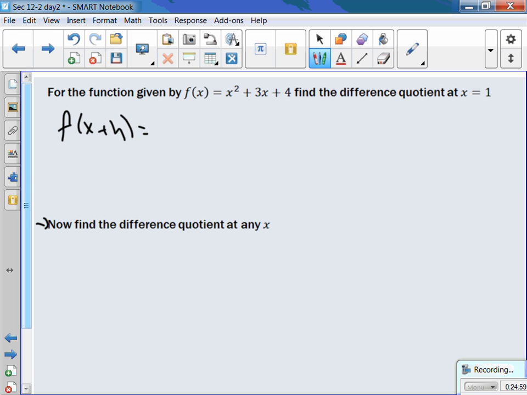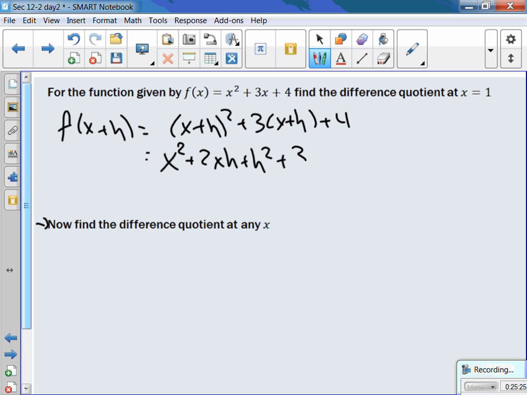Absolutely. So my x plus h quantity squared would be something like that. Not complicated, but a lot of writing.